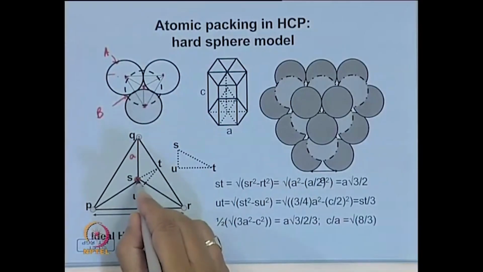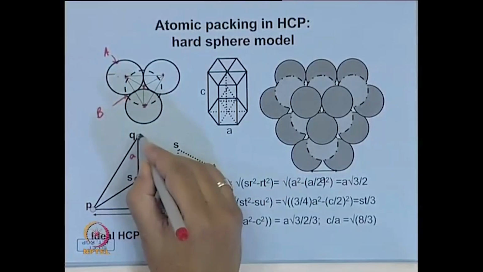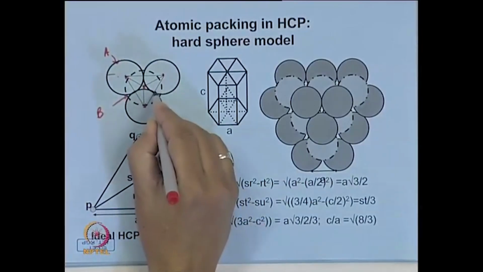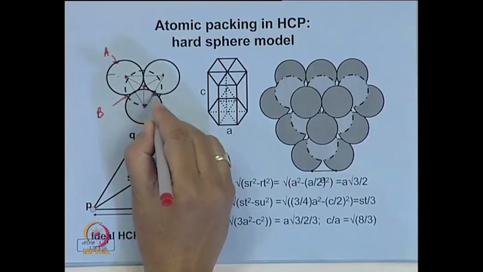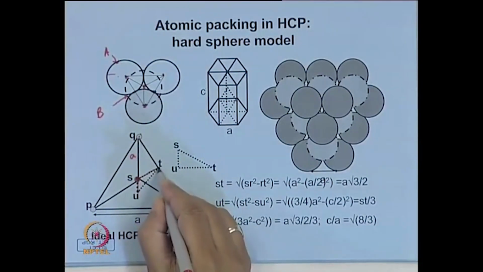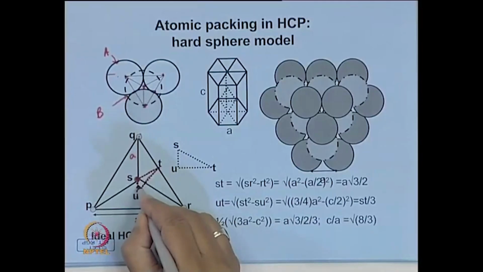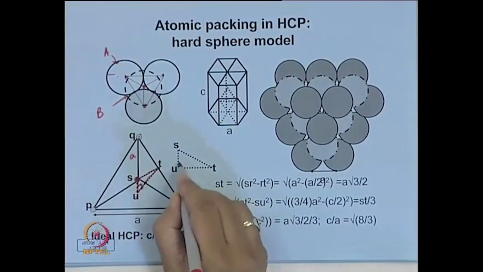For this, you can drop a perpendicular from this vertex to the base plane, join this to the midpoint of this, because the midpoint is here, and join this. So, in that case, SUT becomes a right angle triangle, and mind you, this angle U is the right angle, which is shown over here.